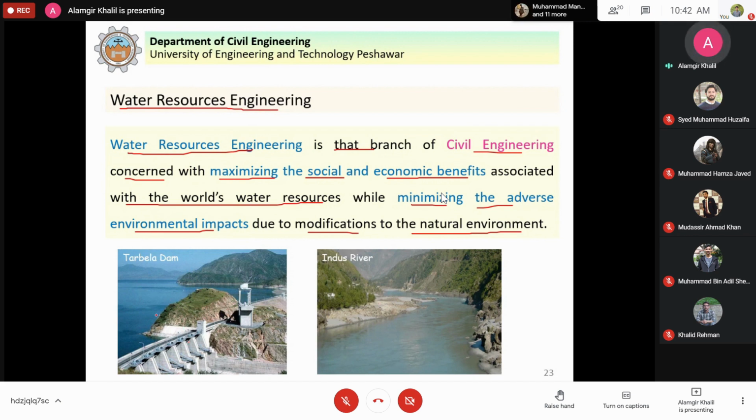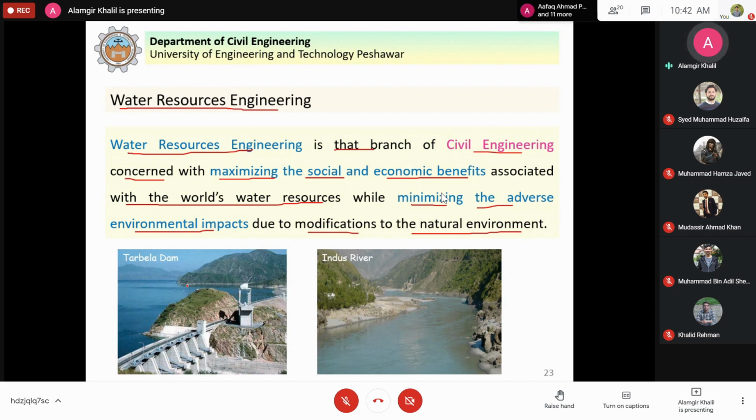You see that because of construction of the Tarbela Dam, the huge reservoir, many villages were inundated and we had to resettle the people to other areas. Because of the Tarbela Dam, the seepage of water raised the water table in Mardan, Sawabi, these adjoining areas, and that adversely affected the land productivity.